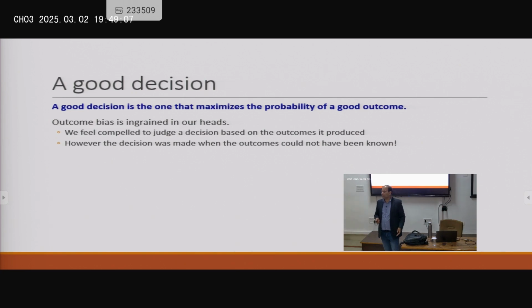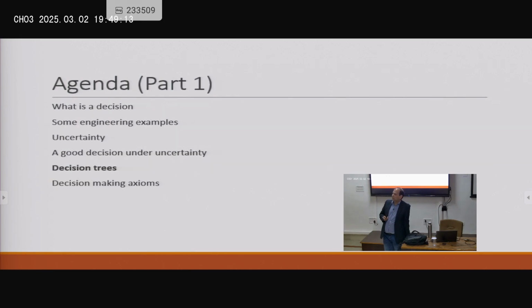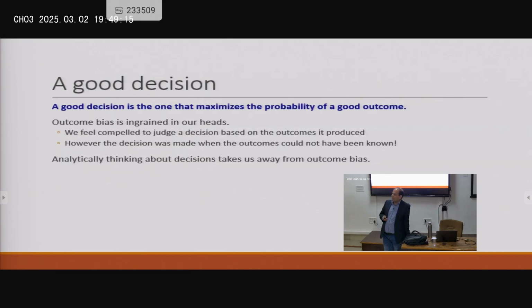Okay. Analytically thinking about decisions takes us away from outcome bias, and a decision that is made based on our current state of knowledge using the best preference models that we have is a good decision, and it stays a good decision.